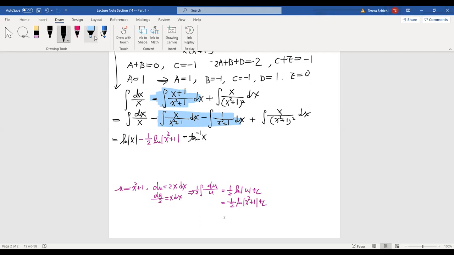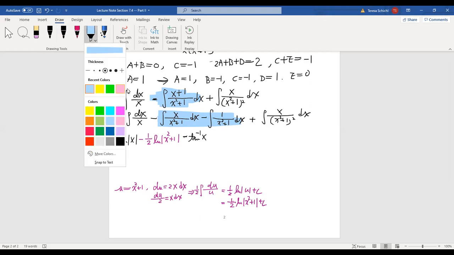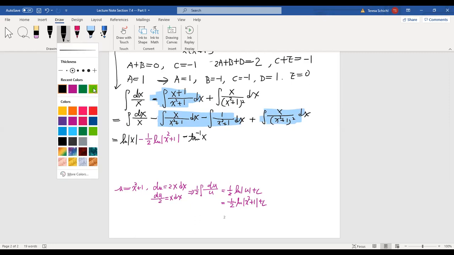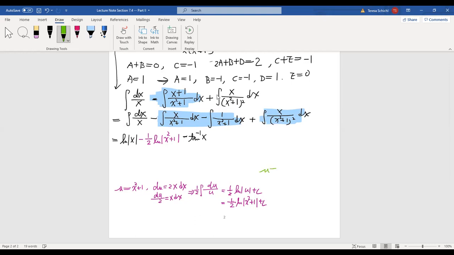Okay, now we have this term. All right, so for this term, I also need to do the integration. So this is x over x squared plus 1 squared. So I know, okay, I think I can do a u sub here, right? So for this u sub, I will put u is equal to x squared plus 1.